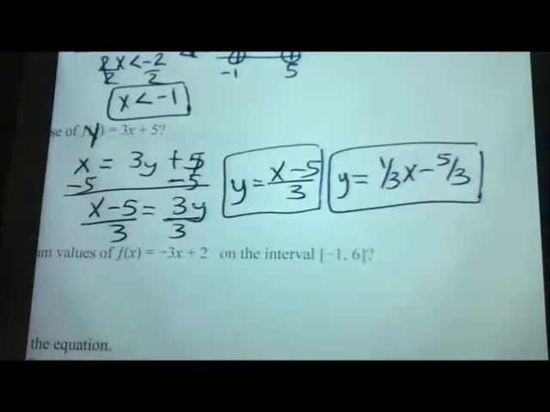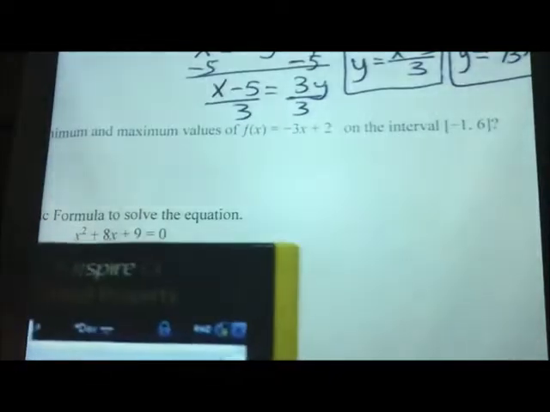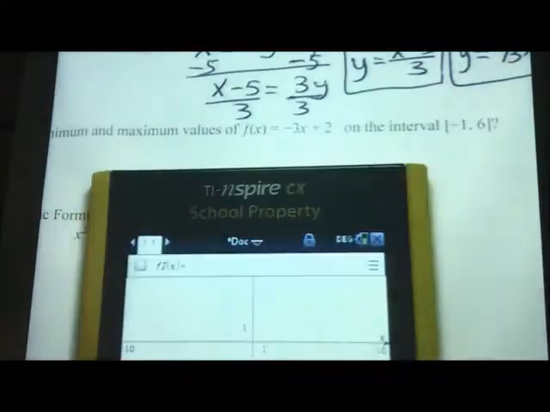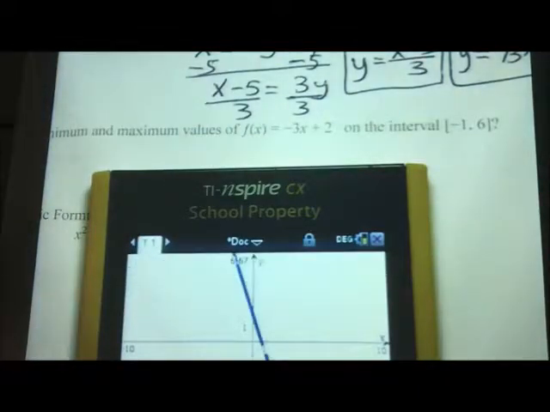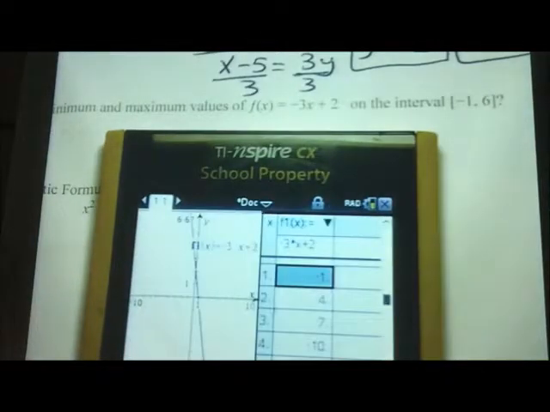Now, to find the minimum values within an interval, please remember you have to use a graphing calculator. So we're going to go to graph, and I'm going to plug in negative 3x plus 2. We're looking for the interval between negative 1 and a positive 6, so I have to get to the table.